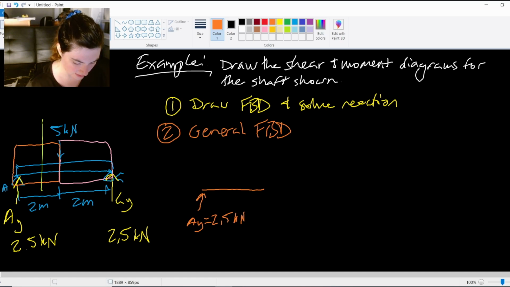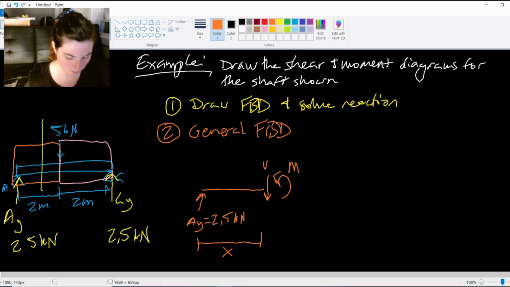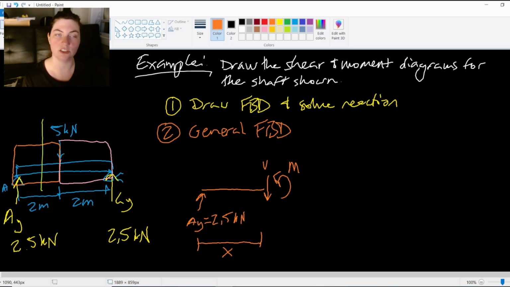So at that distance X, distance between here is X, I have a shear force, V, and a moment, M. Notice that I haven't gone far enough to hit that 5 kilonewton applied force downward. I've cut through the beam before that, right? It's a general distance anywhere between AY and that 5 kilonewton applied force.